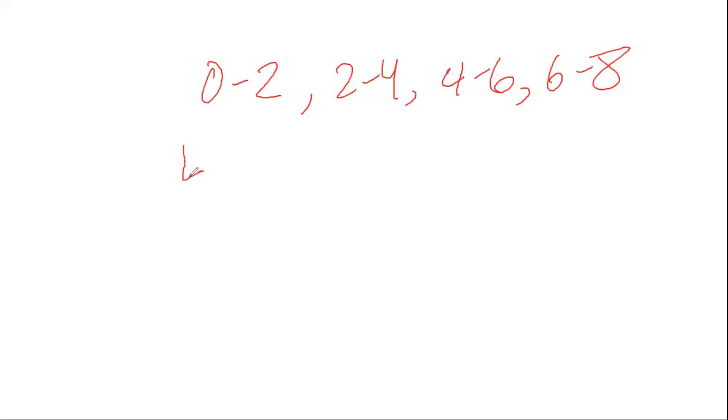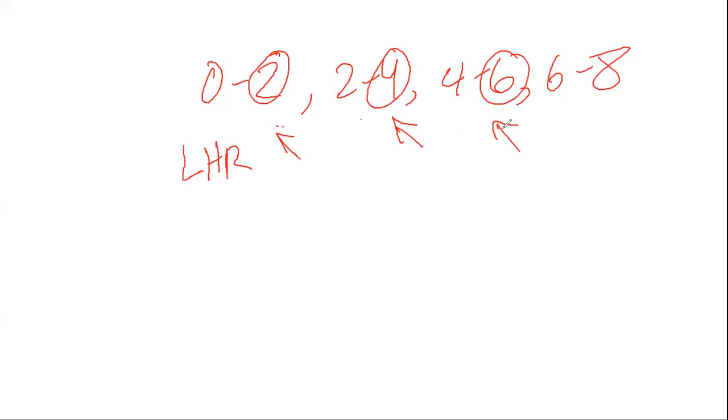The left-hand rule means that whatever number is being repeated, I'm including it in the left bin. The 2 is included in the left bin, the 4 is included in the left bin, the 6 is included in the left bin.